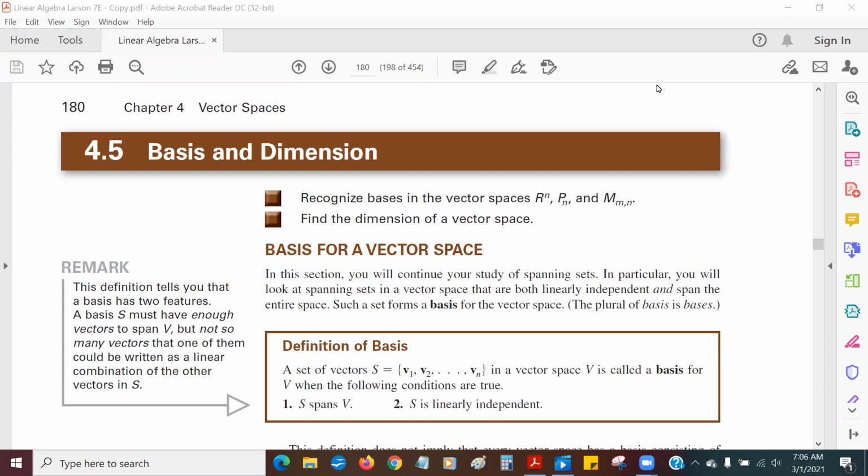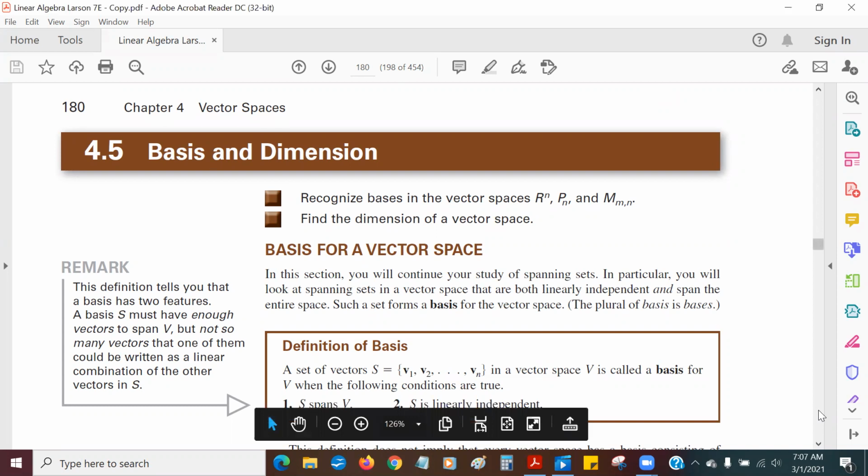For example, if I have a set that's linearly independent, it spans the whole vector space, and I throw one more vector into that set, well, obviously that one vector can be written as a linear combo of the first vectors, because those first vectors span the whole vector space. Get it? Anyway, we're going to elaborate on that in much more detail.